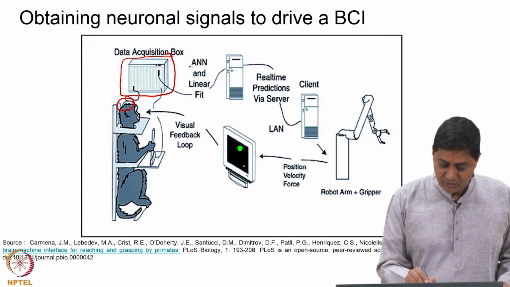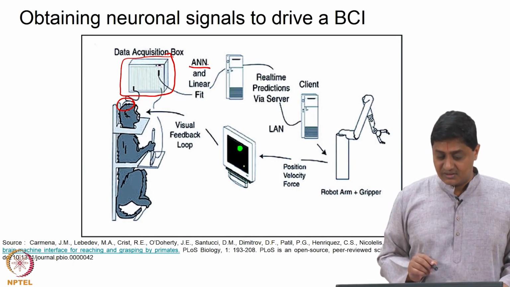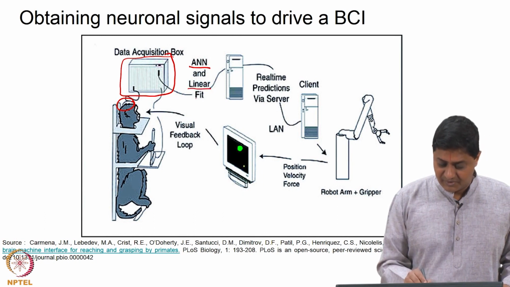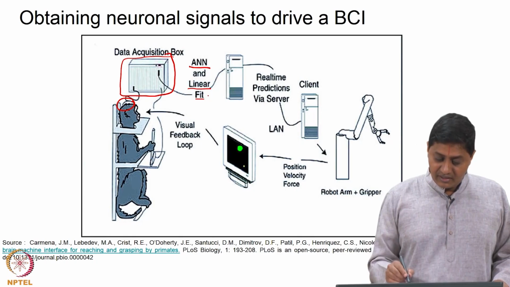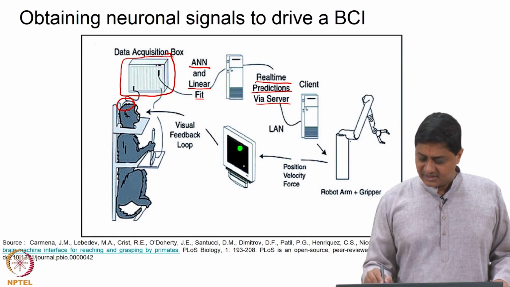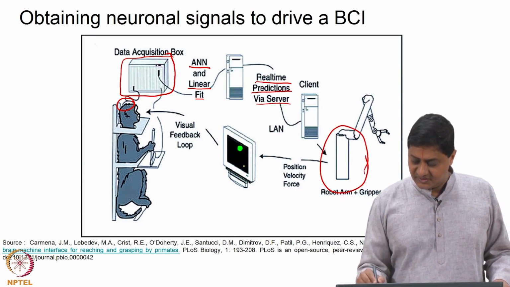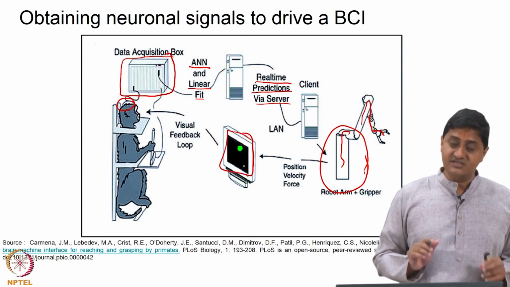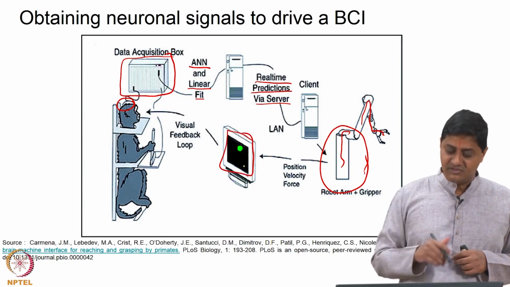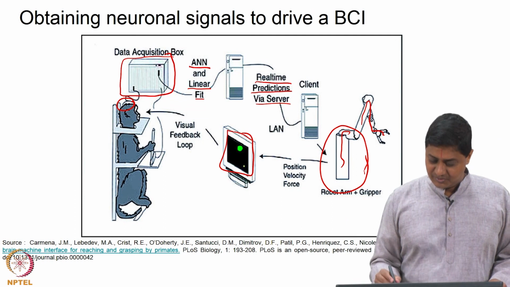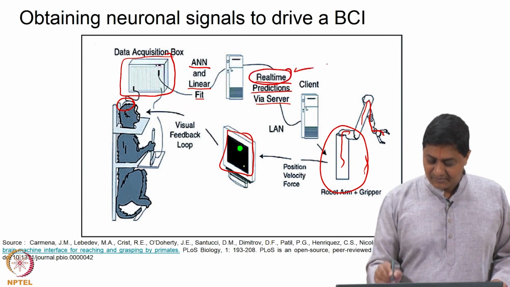So, it must be able to execute algorithms such as artificial neural networks and perform fits, maybe linear or non-linear as the case may be, and then make real time predictions that are then converted into actions by this robotic arm. This is a multi degree of freedom robotic arm, and its position and velocity is fed back to the monkey. So, the monkey is seeing what is being done and it wants to learn to move the actual robot arm. All this we want to happen, most important word, real time.